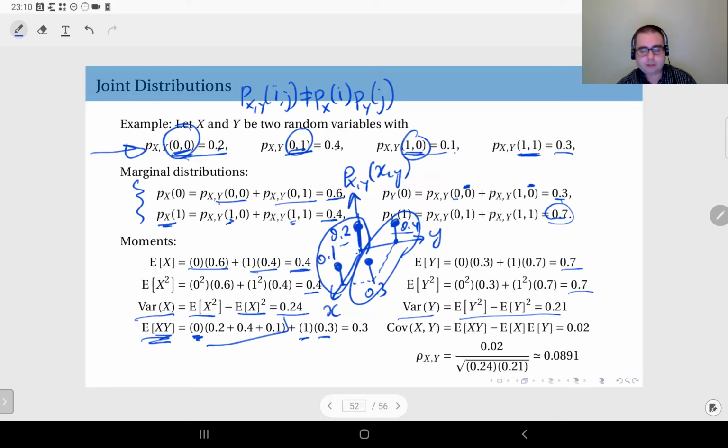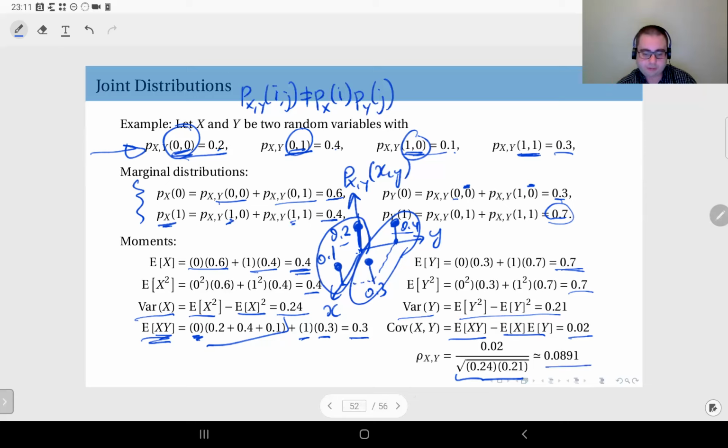How about the covariance? The covariance is equal to the correlation minus the product of the means. The correlation is 0.3 and the means are 0.4 and 0.7. So their difference is 0.02, which is the covariance between the two. If you divide this by the standard deviations, or rather the square roots of the variances, you get the correlation coefficient between the two as around 0.089.